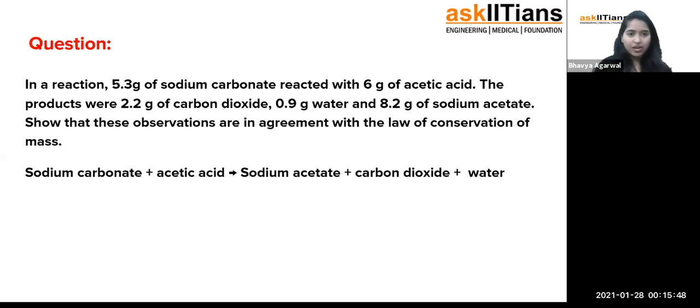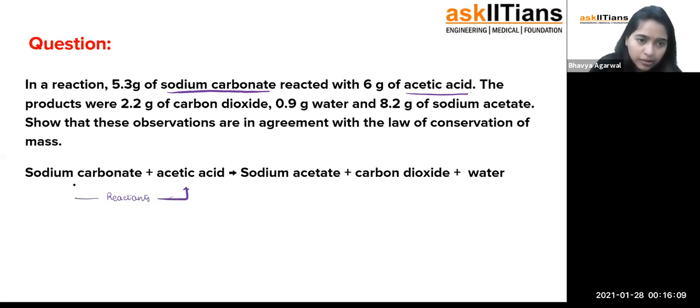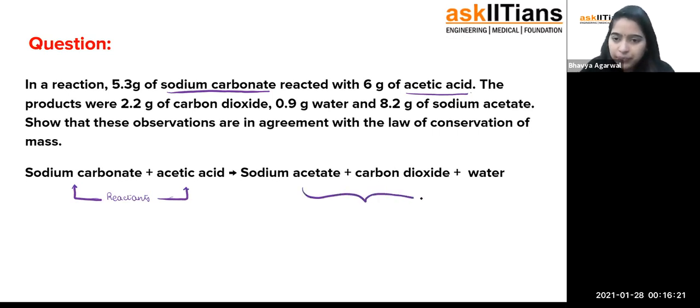Even if you do not know the reactions or formulas, you know that this is reacting with this. It means these two are my reactants. When they combine together, they give different products like carbon dioxide, sodium acetate, and water.